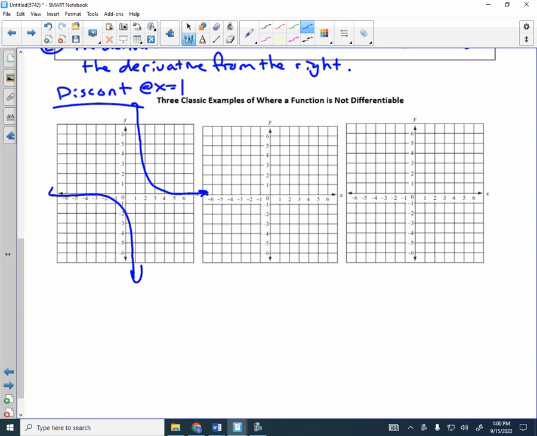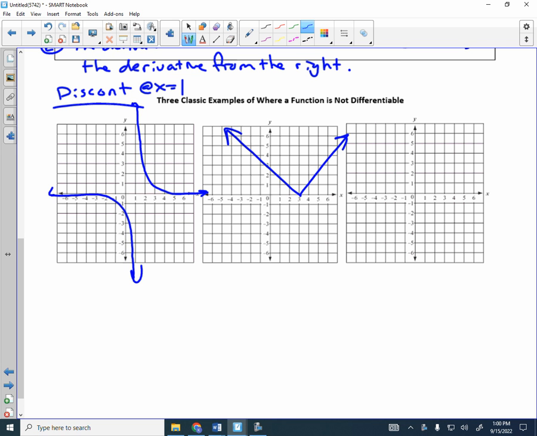Another very common graph that you can't take the derivative of at a certain spot would be this graph. How would we describe that type of function? What is that kind of function? It's an absolute value function. Anybody want to guess what spot you can't take the derivative at? You can't take the derivative at 3. Why?